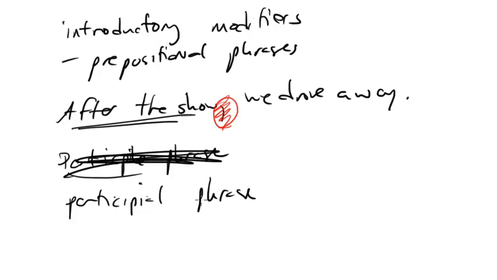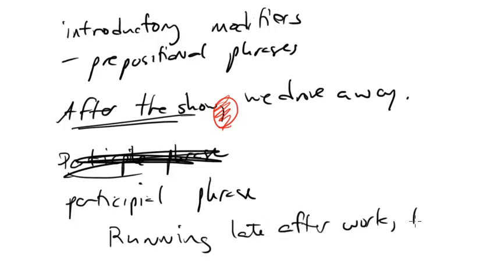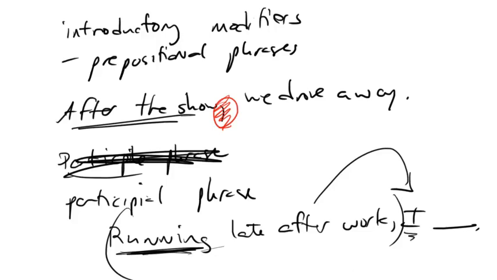Anyway, a participle phrase would be something like running late after work, I blah. This would be a participle phrase because you have running, which is a participle. We'll talk about that later. Running late after work is not actually a clause, it doesn't have a subject-verb relationship, but it does modify the noun that comes after it. And when we talk about dangling modifiers and dangling participles, we'll talk about this a little bit more.